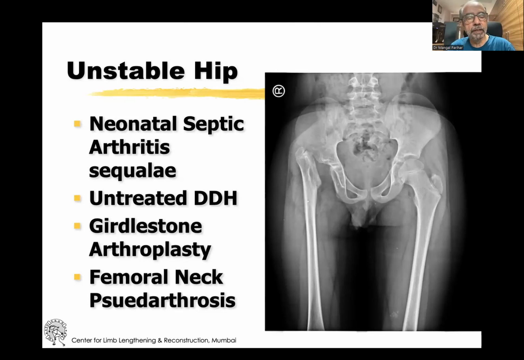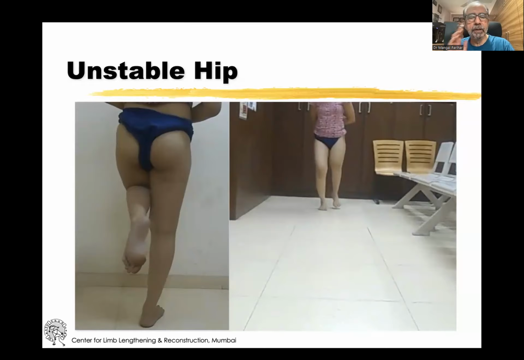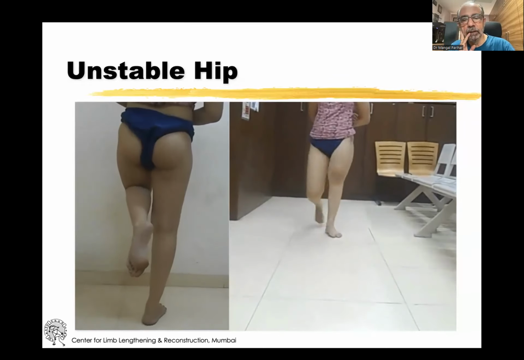Older patients where a girdle stone has been done, or there is a non-union after a fracture neck of femur. But in younger patients, this is more important, I think, because doing a hip replacement in a younger patient is not a good idea.